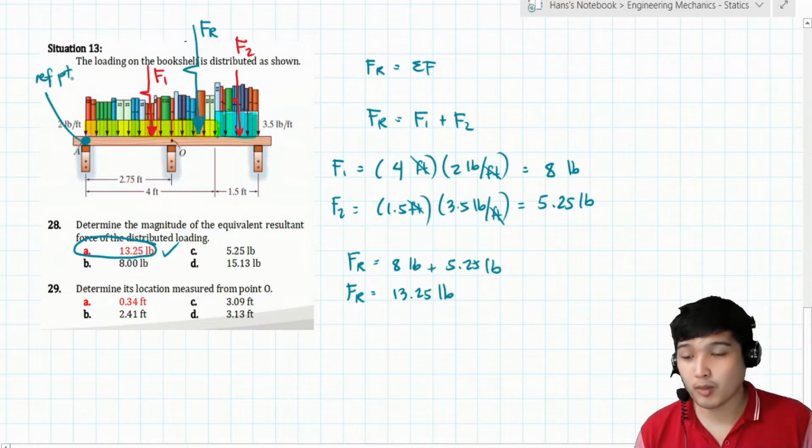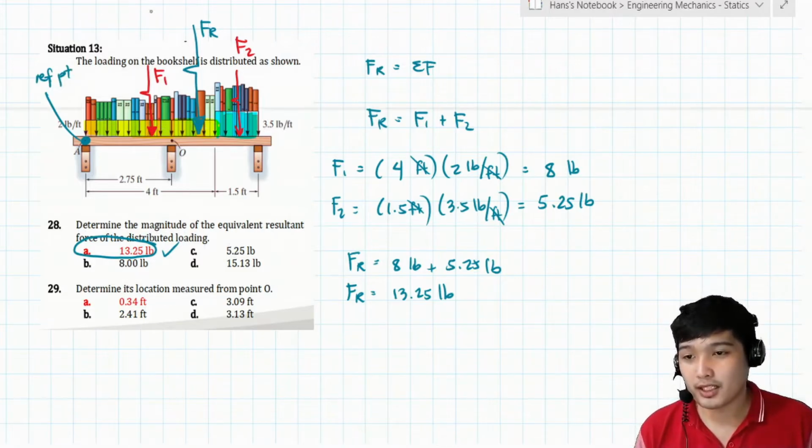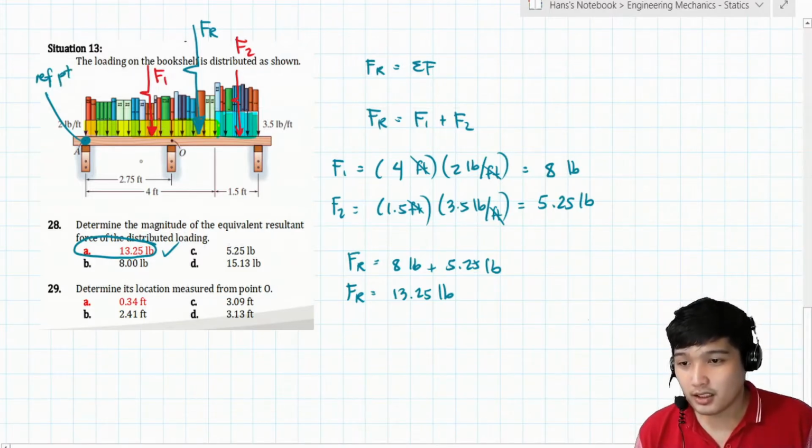So, dyan tayo magmo-moment ng mga forces natin. Okay, so define lang natin yung mga distances. So, line of action na itong F1. So, papunta sa A. So, ito yung distance niya, yung perpendicular distance, no? So, ito.